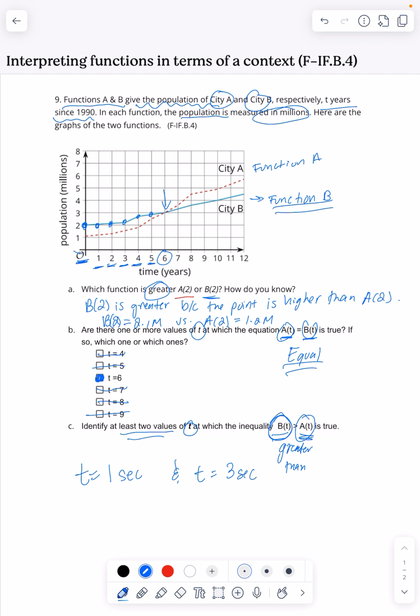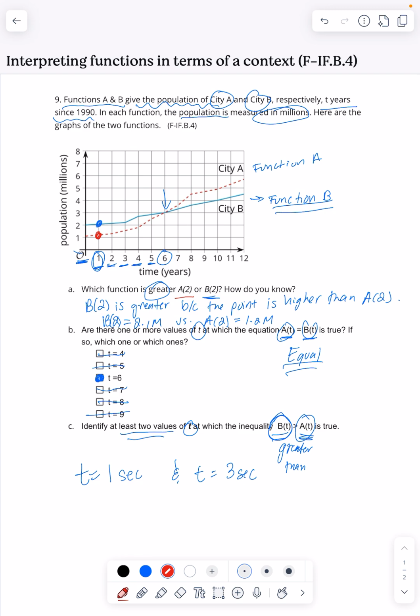Let me erase this so that we could see again. At t equal to 1, we could see that city B is greater than this red point down here.